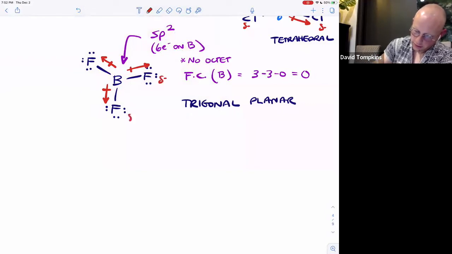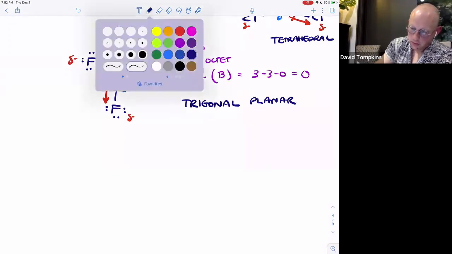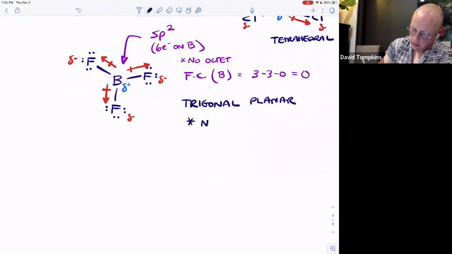The fluorine is electron rich, and the boron is electron poor. But this compound is highly symmetrical. And these bond dipoles are going to cancel with each other to make this molecule nonpolar overall due to symmetry.